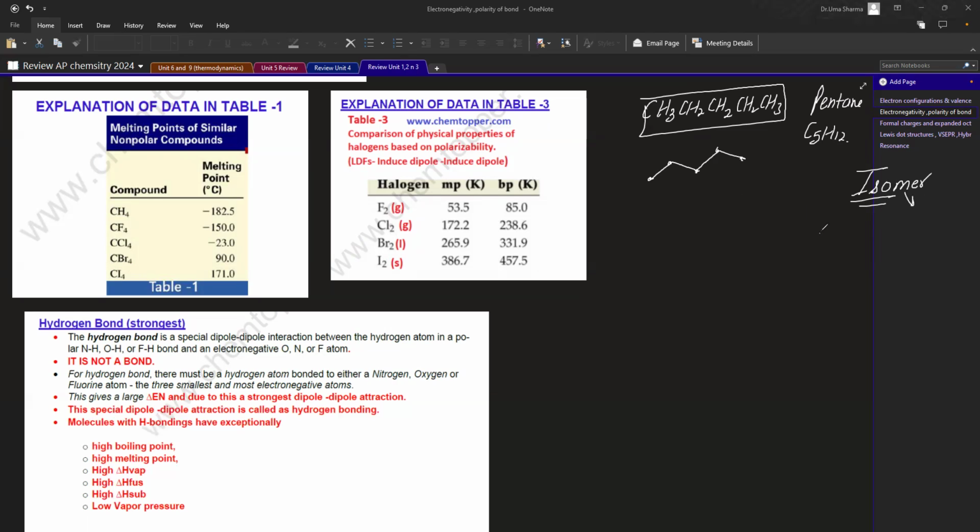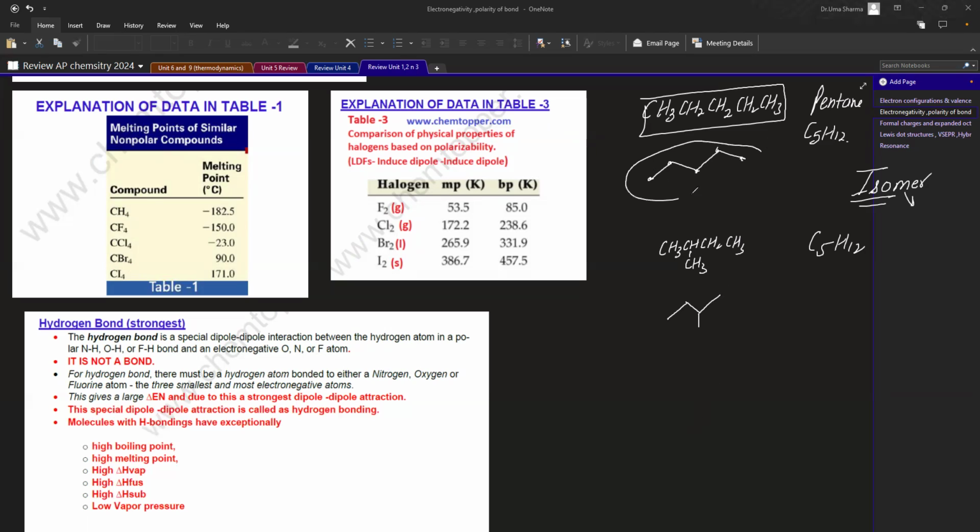Same molecular formula, again C5H12, but the structure is different. This time it is like this: CH3, CH, CH2, CH3. If I draw the line picture, this is called line notation, then it will be like this.